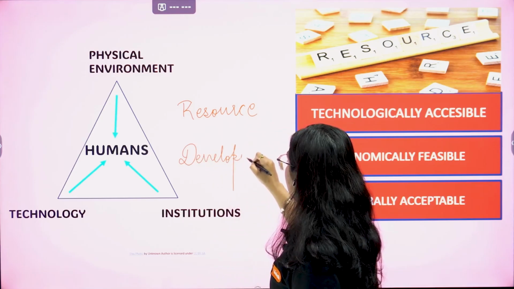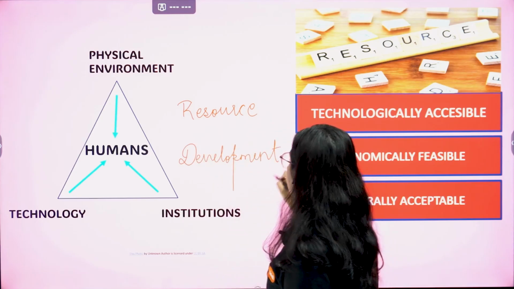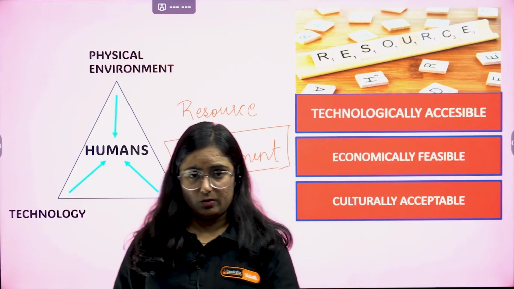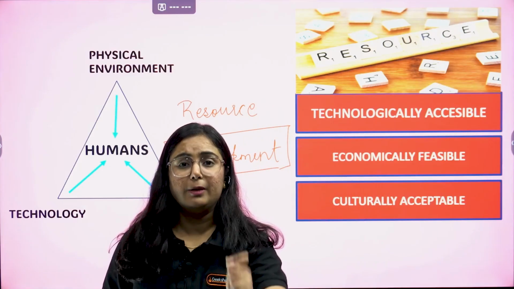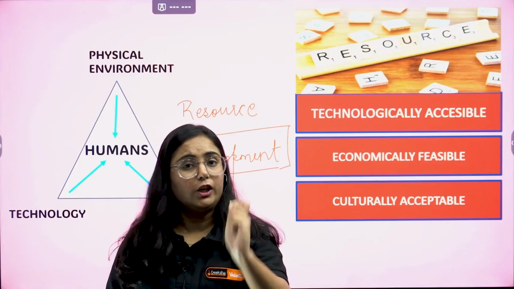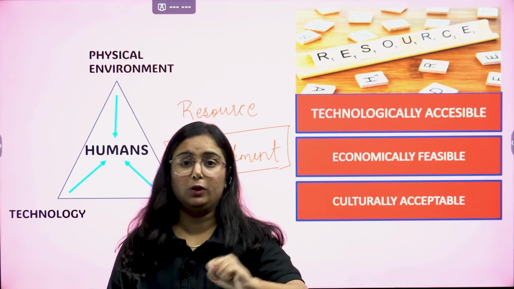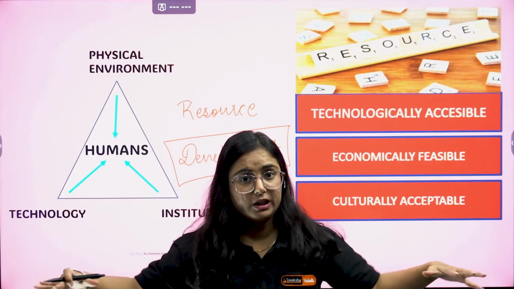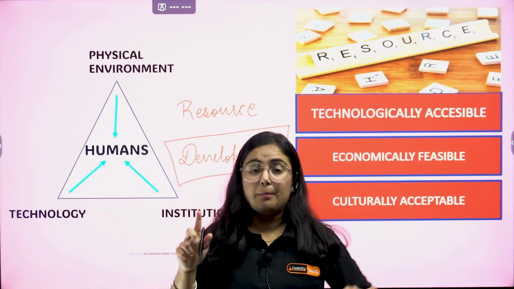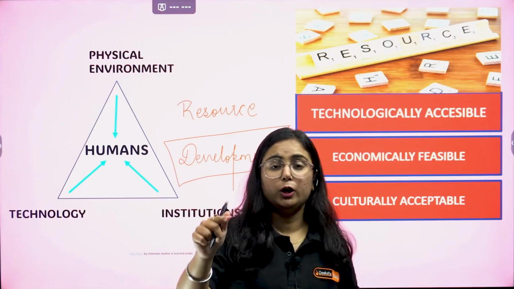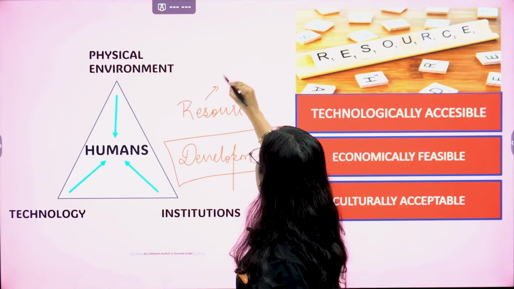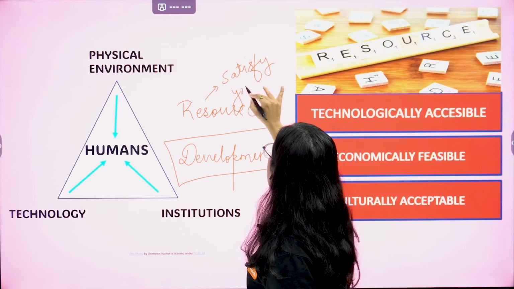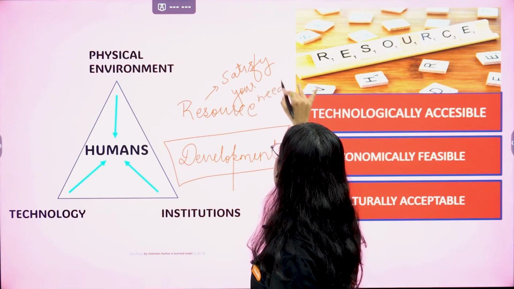Resource means anything that is available in our environment and is useful to us. Mark my words, anything and everything which is available in the environment is not a resource, but anything which is useful to you and which satisfies your need. The important point is that which satisfies your need is a resource.